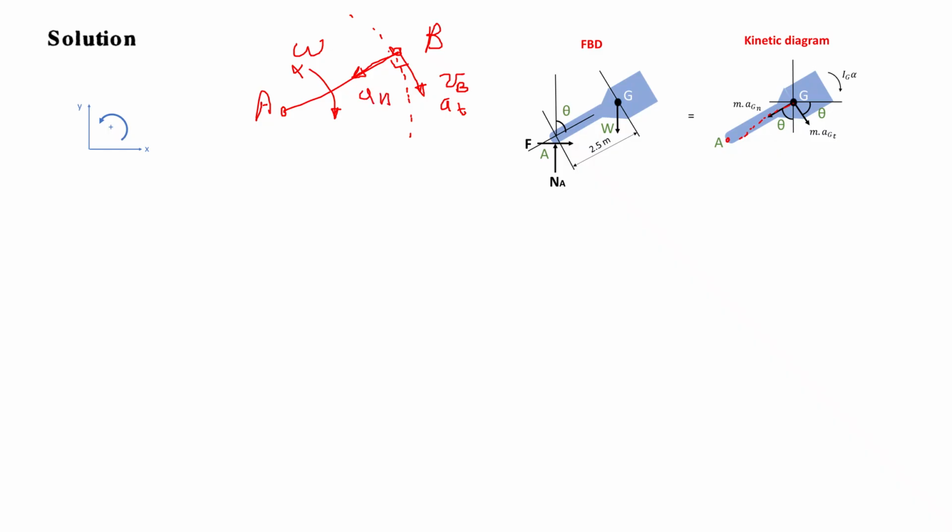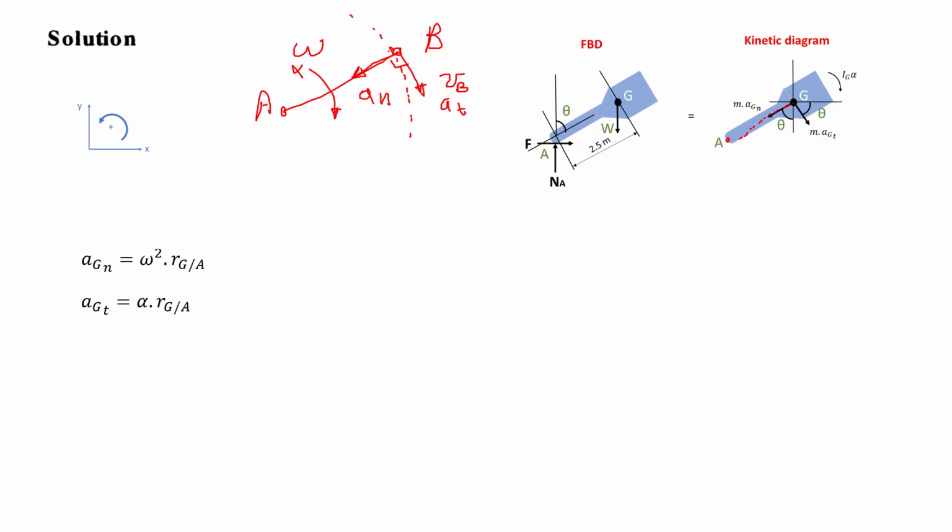So you remember the A normal is going to be related to the omega, and the A tangential is going to be related to the alpha. So the equations we have are: the normal acceleration is the omega squared multiplied by the r of G slash A, the vector between point A and G. The same thing for tangential is the alpha multiplied by the r G slash A. So now we can substitute the values.